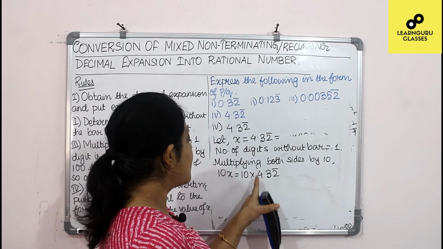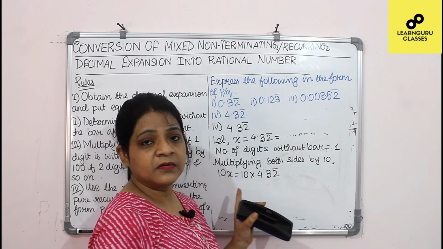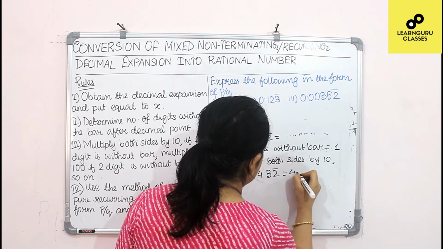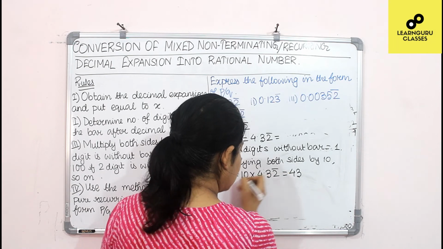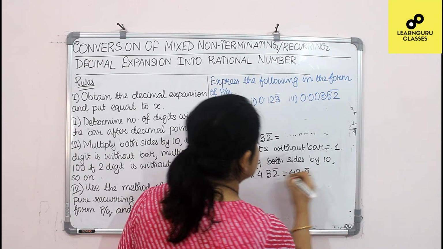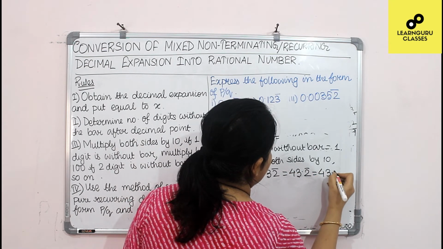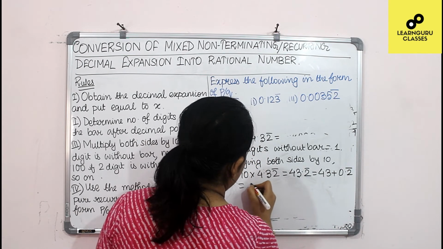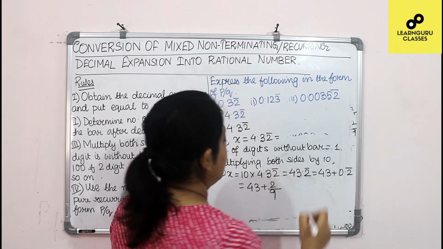Since you are multiplying it with 10, 3 will be shifted before the decimal point. So you will be left with 43.2 bar. This you can easily write as 43 plus 0.2 bar, that you will write as 43 plus 2 by 9.